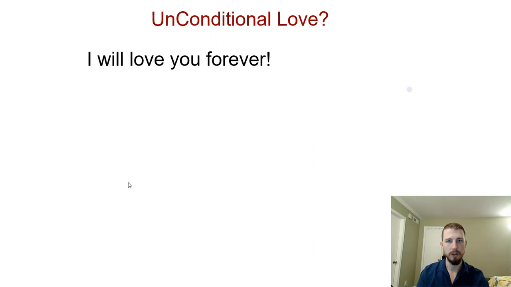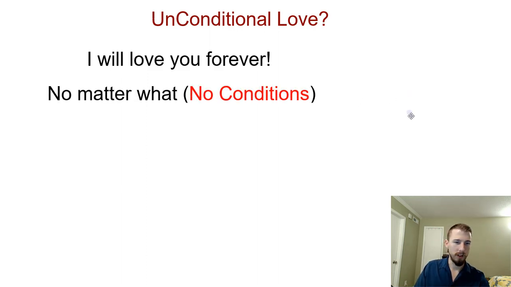So talking about conditions, it's kind of funny, maybe we can talk about unconditional love. For instance, if someone says, I love you forever, you would assume there were no conditions to their love. But let's think of this a little bit more. Are they really saying I love you forever no matter what? If they did, that would mean that there were no conditions, right?